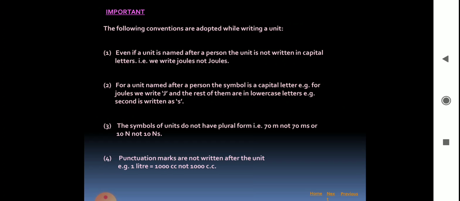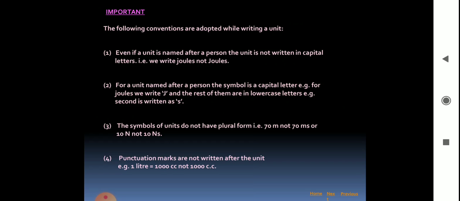Power, unit is watt. Frequency, unit is hertz. So certain derived units are expressed by means of special names, such as joule, Newton, watt, etc. They are named so as to remember the names of scientists who worked in that field.